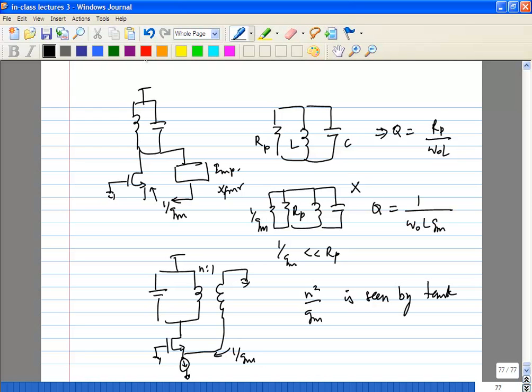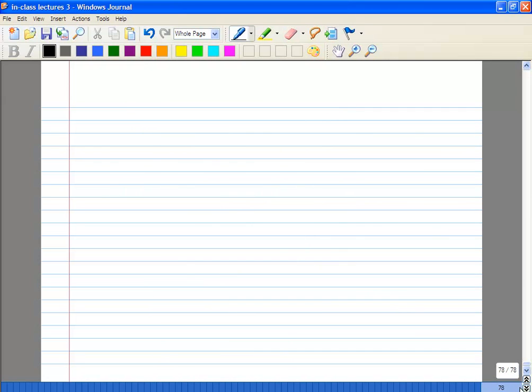The other way to do it: remember that when we studied the impedance transformation during the first few classes, we looked at this. Remember this? The tapped capacitor match.